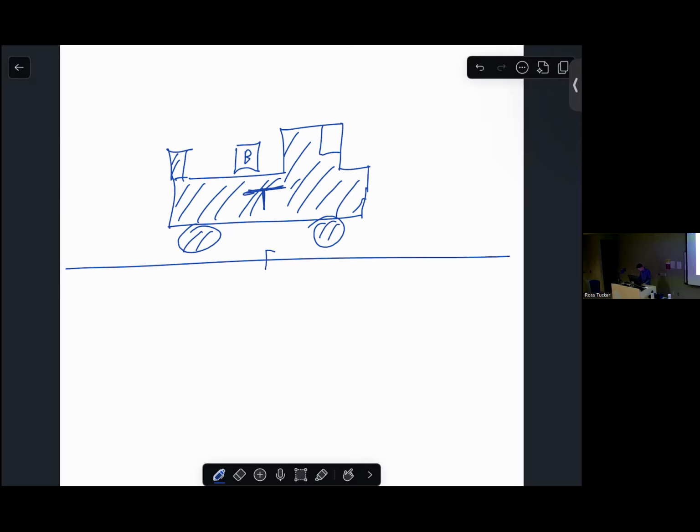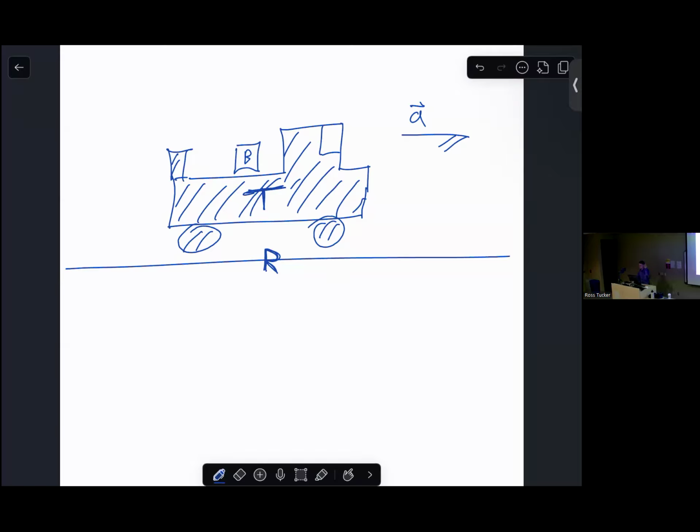A road. Truck driving over a road. And there's a box on top of the truck. And the truck accelerates hard to the right. Right? The truck is going to gun it to the right.